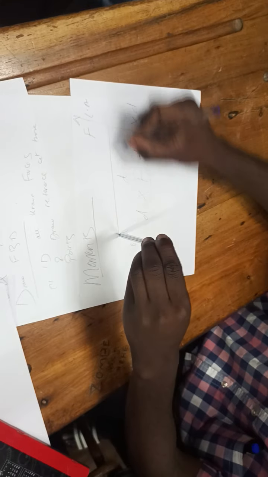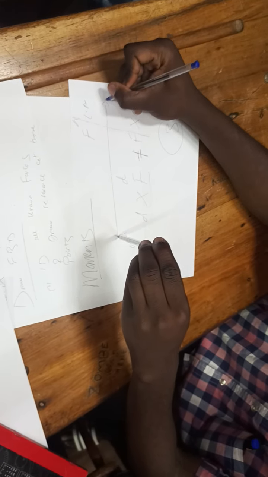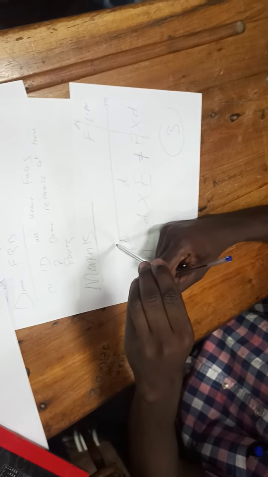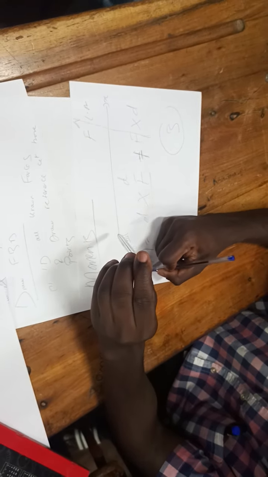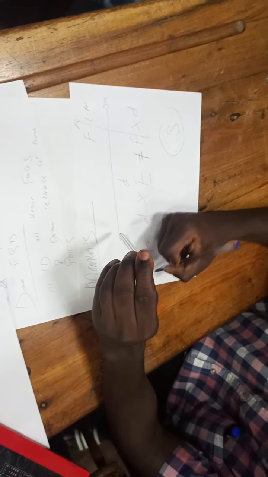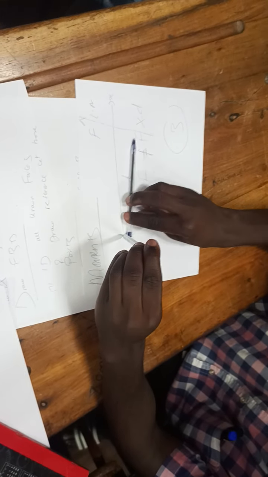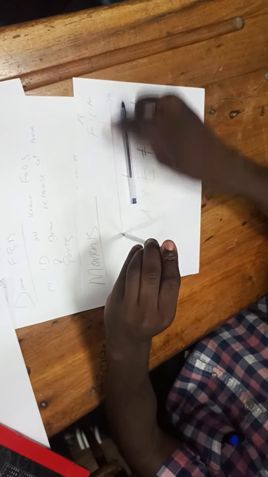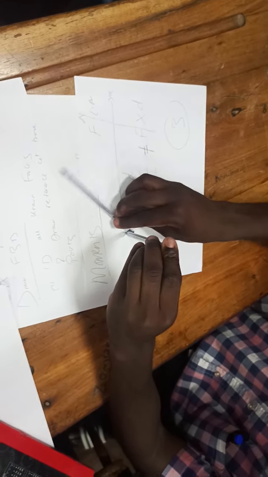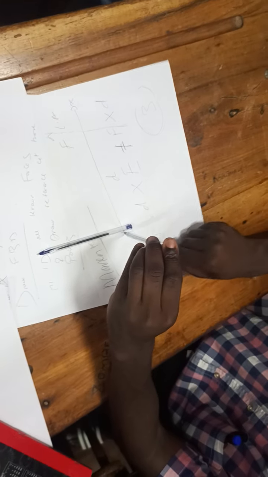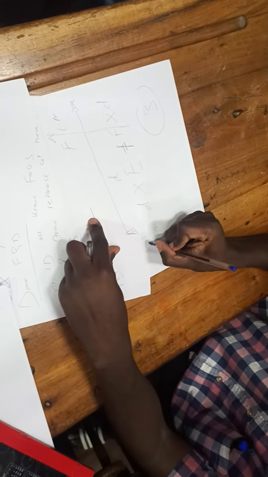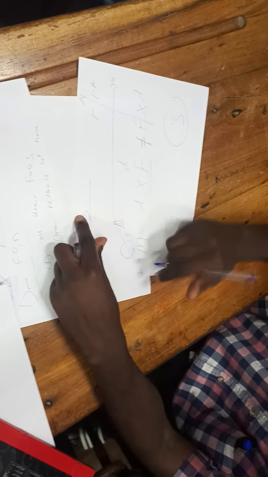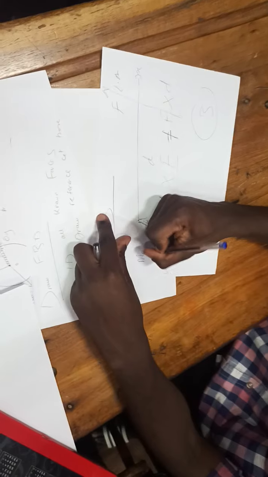If this was X, and in this direction this was, let's say, Y, and I applied a force at this distance in the X, where is the rotation going to be? It's going to be around the Y. So my moment MOY.